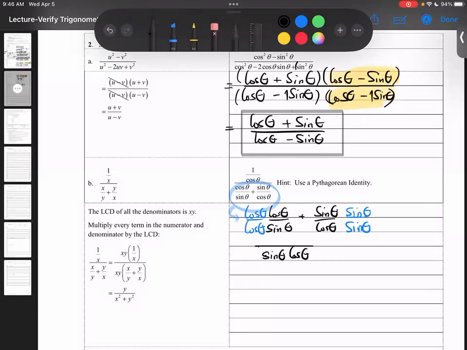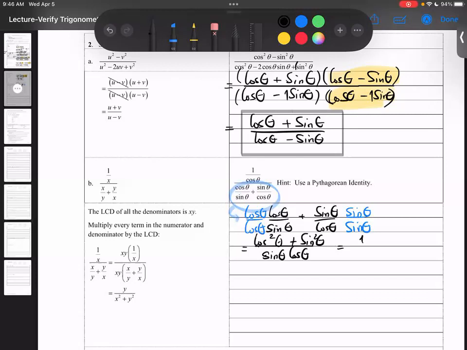I can add the top. The top will be what? Cosine theta times cosine theta is cosine squared theta, plus sine squared theta. What's cosine squared theta plus sine squared theta? 1, right?